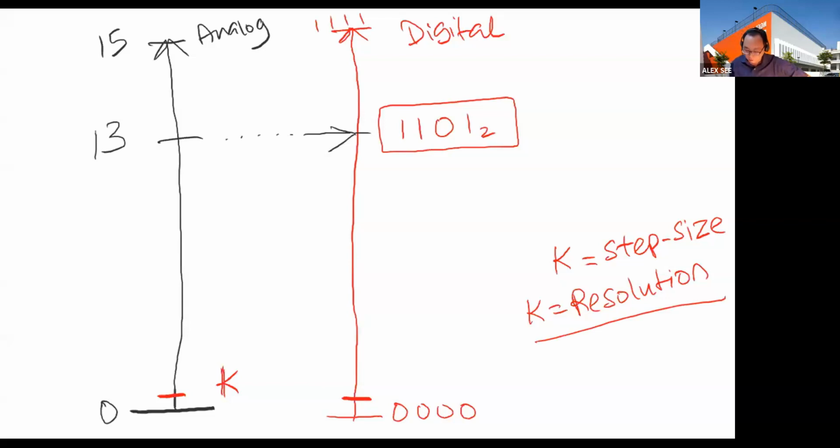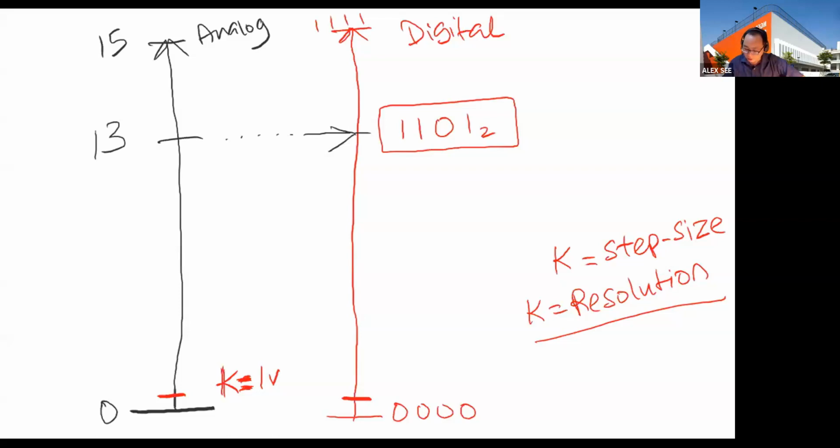Now if I tell you the step size of this is 1 volt, let's say, because your step size can vary. If the step size is 1 volt, how do I get this decimal number, I mean this digital value?